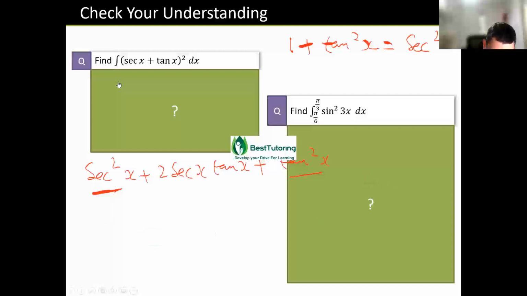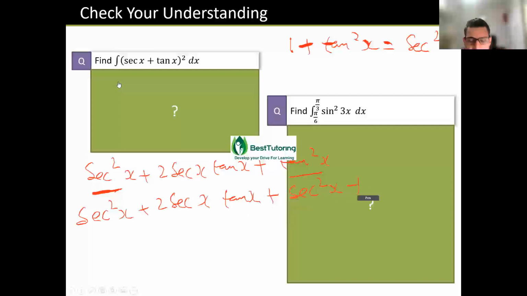So we get sec square x plus 2 sec x tan x, and rather than tan square x, we write sec square x minus 1. You know why I have done it? Because we know the integration of sec square x is tan x. That's why we have done this. All right, Sonali, what is the next step?